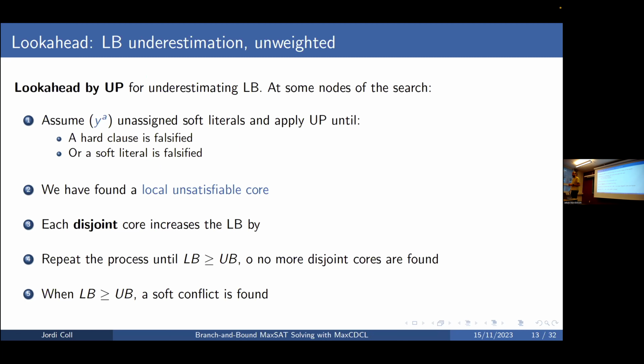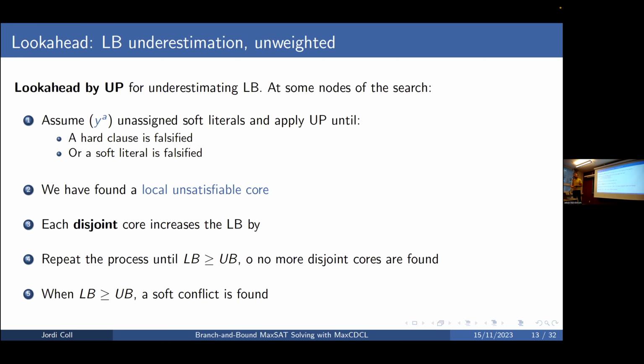Just to make sure that I'm following, by the way we chose the sign, when you assume a soft literal, you're assuming that it doesn't contribute to the cost. You assume it doesn't contribute. So in any of these two cases, what will happen is that we will have found a core.